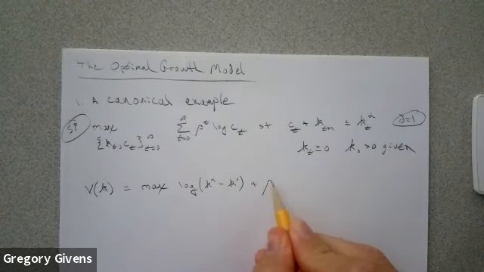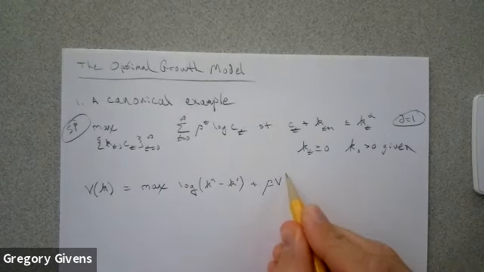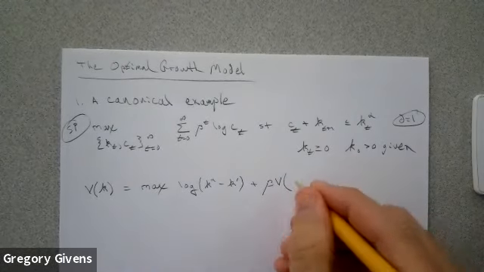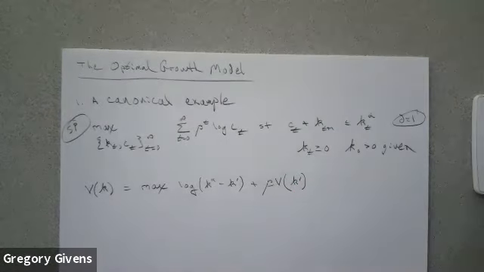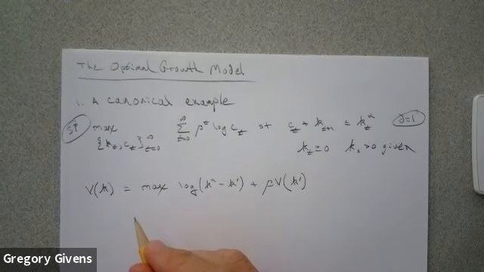Plus the discounted value of the continuation return, which is what? That is the value function starting from the next period on, a function of K prime. And what does this maximization occur over? What is the choice variable? Or what is it that the planner is trying to solve for?